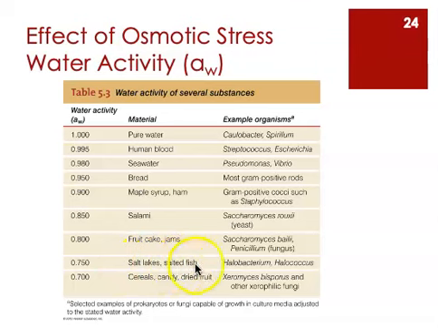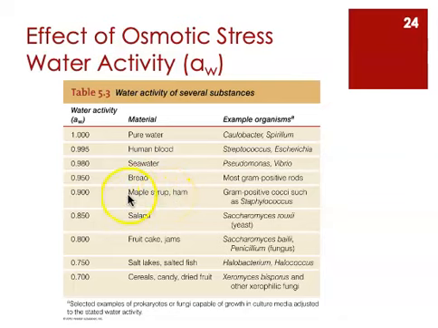Salted lakes, salt fish. And finally, really dry foods like cereals, candies, dried fruit. They have the lowest water activity. So by looking at these water activity values and remembering that it's harder for microbes to grow where there's a low water activity, it's easier for bacteria to grow in human blood than it is for them to grow in, say, maple syrup.